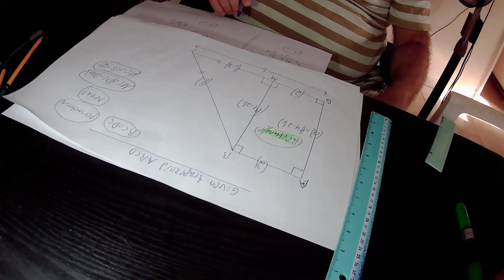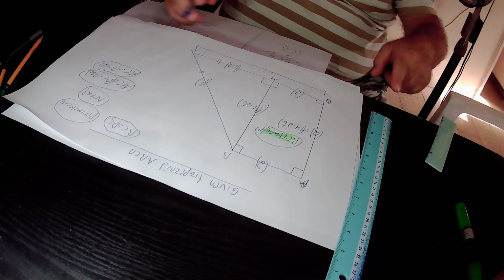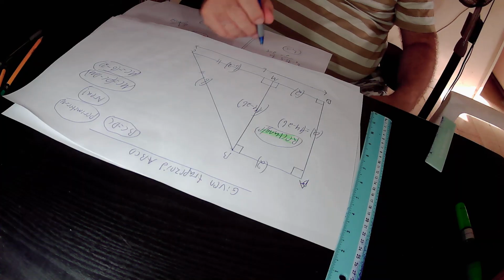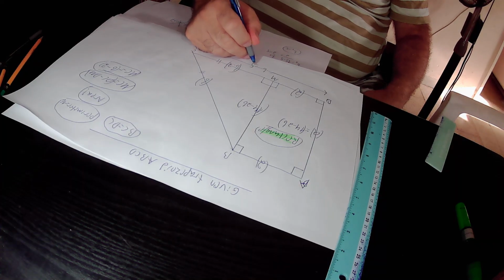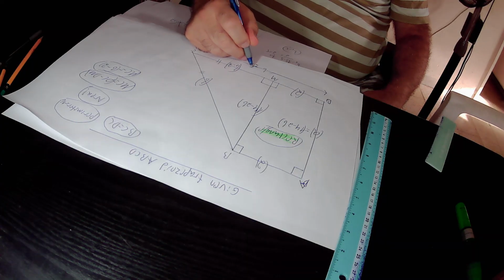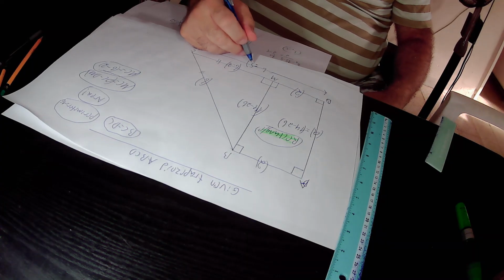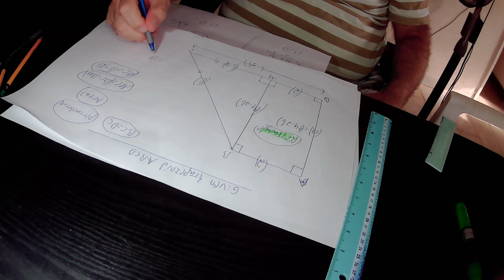So b equals 5, DC equals b, so DC equals 5.